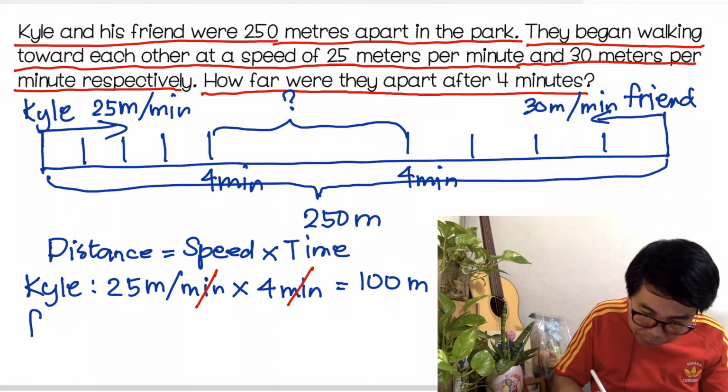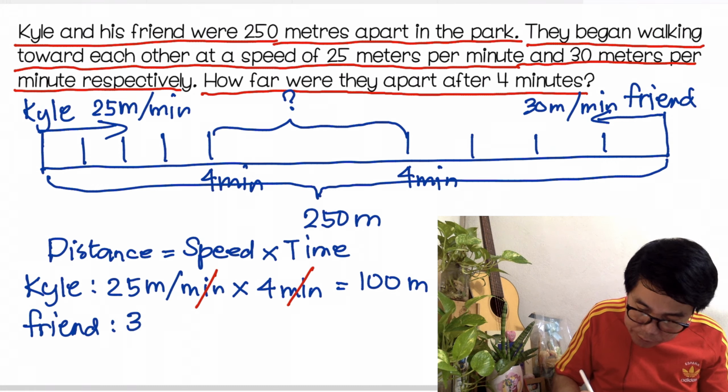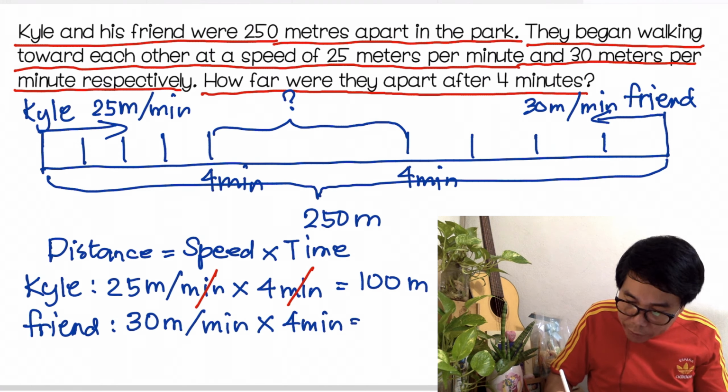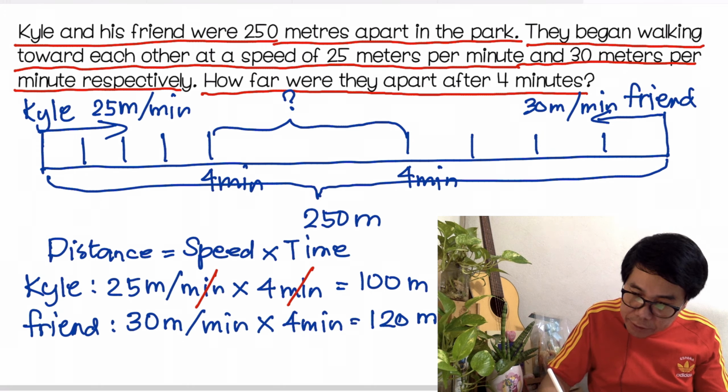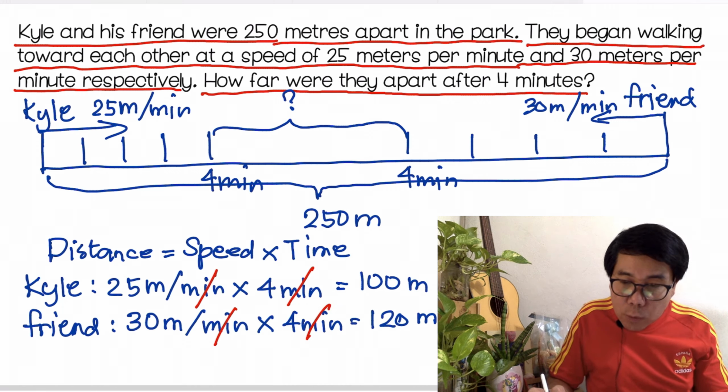Let's proceed to finding the distance for Kyle's friend. The speed is 30 meters per minute times 4 minutes is equal to 120 meters, because we cancel the minute again. So that is 120 meters. Now, what should we do?